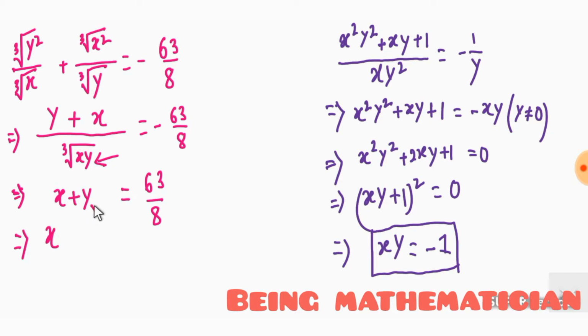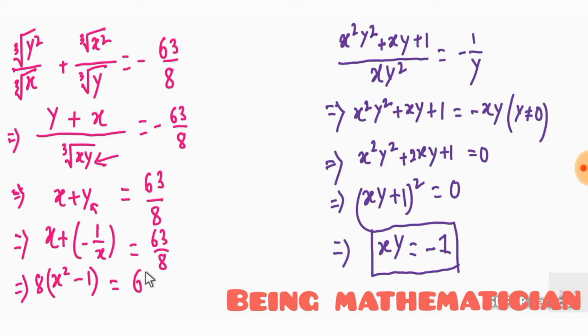Now putting the value of y here, that is x plus minus 1 by x equal to 63 by 8. And this will be (x² minus 1) into 8 equal to 63x.